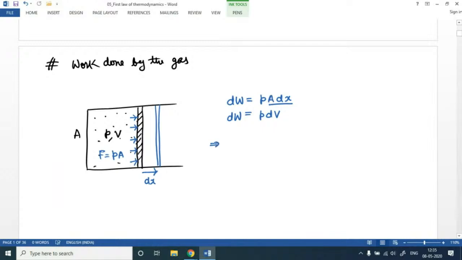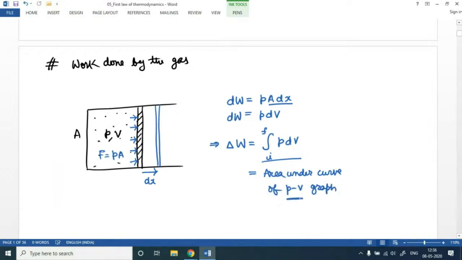The total work done from some initial state to final state, delta W, is the integration of P dV from the initial to the final state. Geometrically, this is nothing but the area under the curve of the P versus V graph. In physics, this is the most important graph, P versus V, because it enables us to find the work done by the gas.